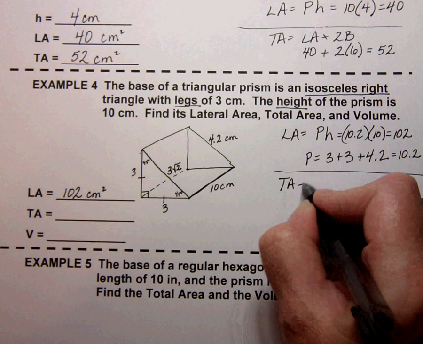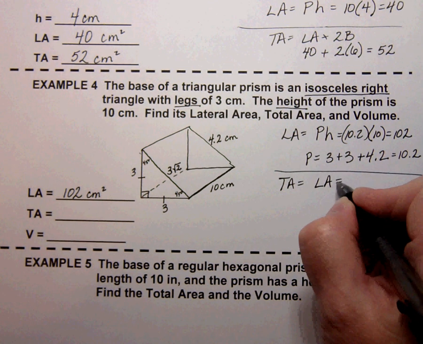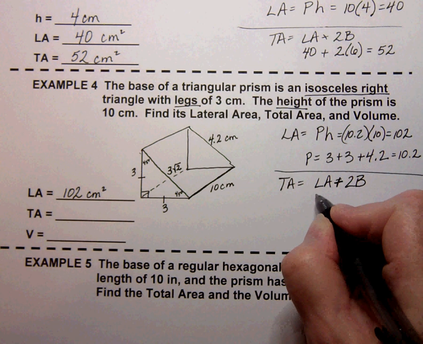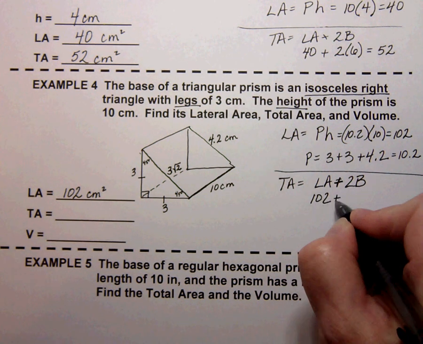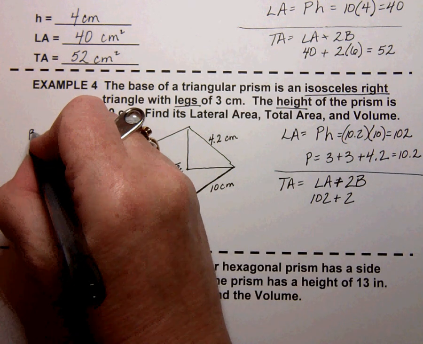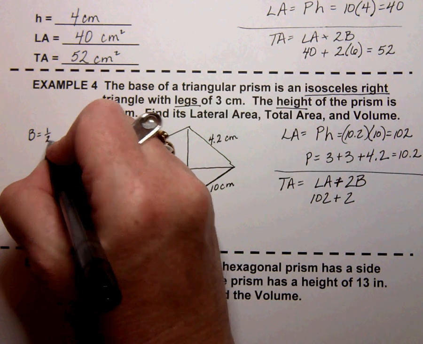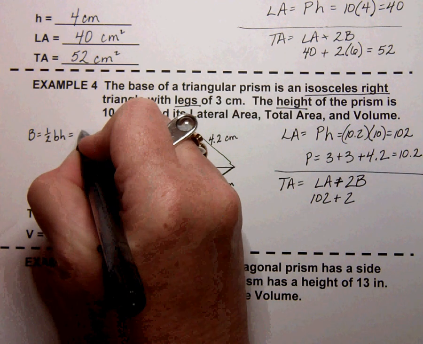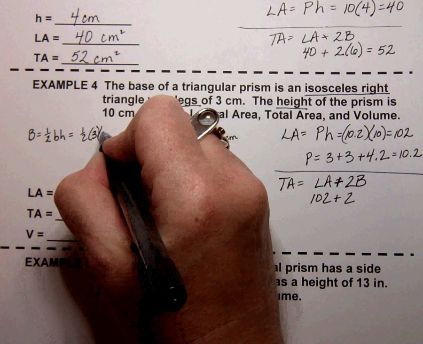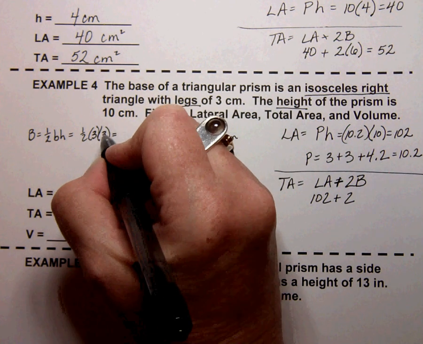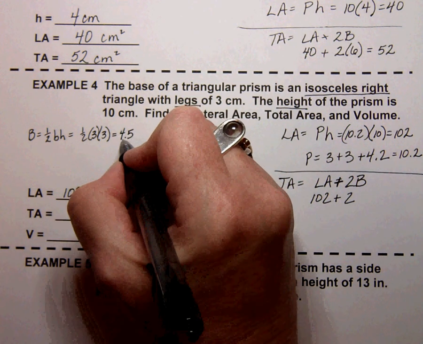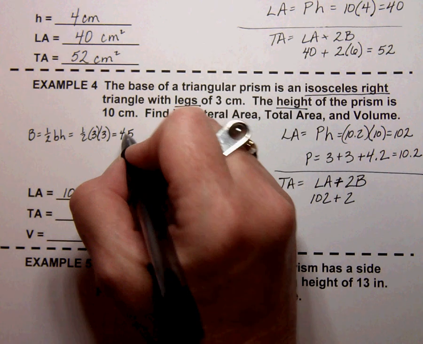Your total area will always be your lateral area plus 2 base areas. So the lateral area is 102. We're going to add 2 base areas. Now the base area, let's write that up here. The base area is a triangle, so it's 1/2 base times height. So it's a half 3 times 3. 3 times 3, that's 9. Half of 9 is 4.5. So you're going to use 4.5 as your base area.